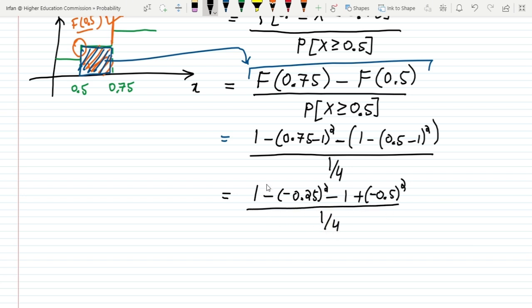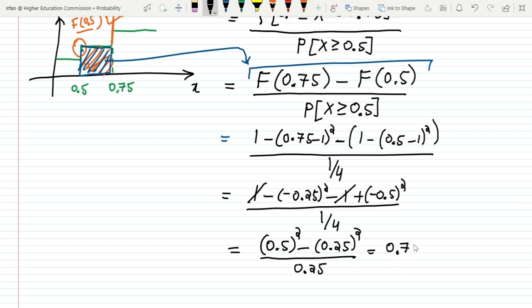So these two will cancel out, and at the end this minus minus will be plus: 0.5 whole square minus 0.25 whole square divided by 1 by 4, and that is 0.25. Solving it out, ultimately I will get 0.75, which is basically 3 by 4. So the answer of part C of my question is 3 by 4.